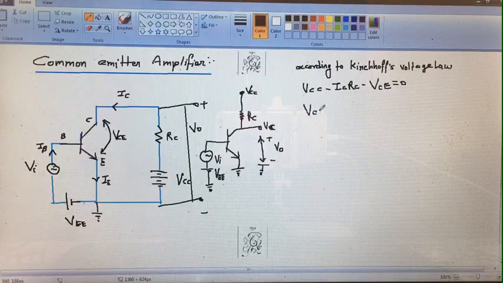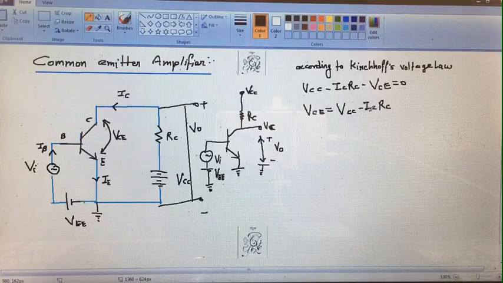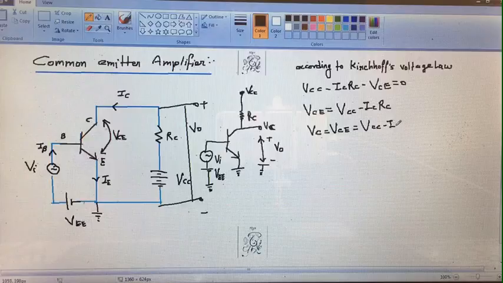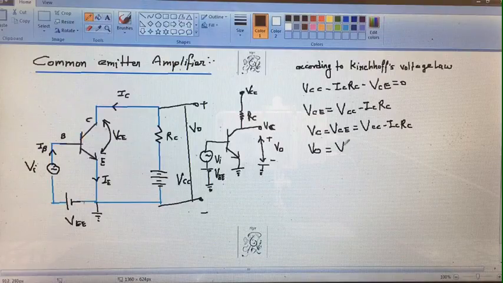So VCE is equal to VCC minus ICRC. Now VCE is equal to VC, so VC is equal to VCE, which is equal to VCC minus ICRC. So V output can be written as VCC minus ICRC.